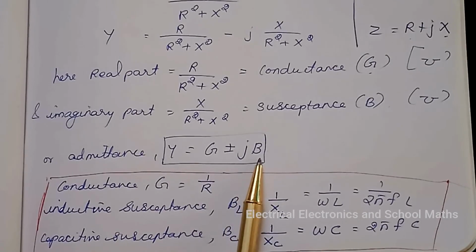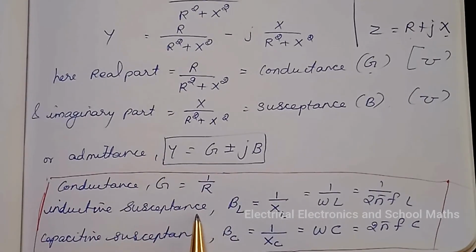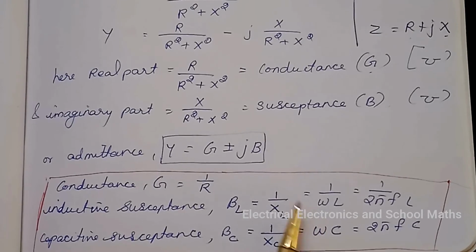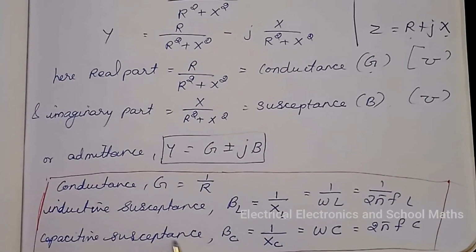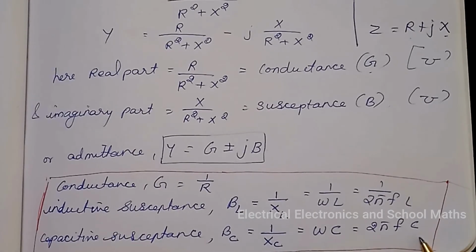The susceptance has two parts, that is inductive susceptance BL equal to 1 by XL equal to 1 by omega L, that is equal to 1 by 2 pi fL, and capacitive susceptance BC equal to 1 by XC equal to omega into C equal to 2 pi fC.